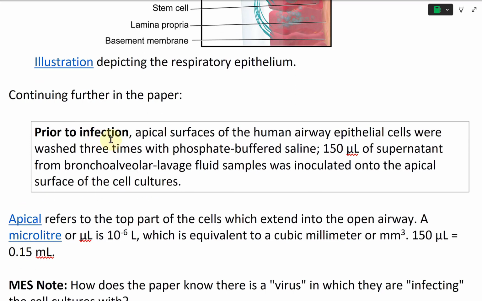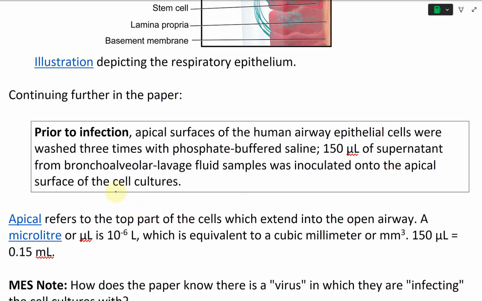So prior to infection, apical surfaces, or the top parts of the surfaces, of the human airway epithelial cells were washed 3 times with phosphate buffered saline, and then 150 microliters of supernatant from bronchoalveolar lavage fluid samples was inoculated onto the apical surface of the cell culture.